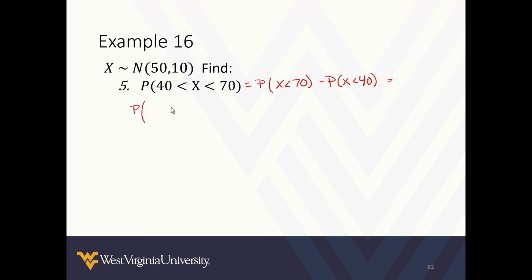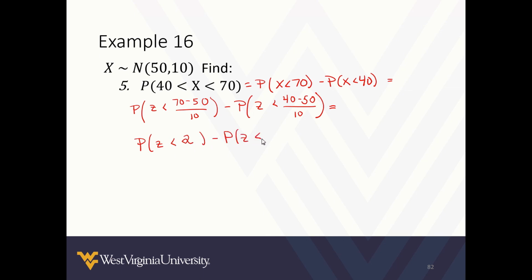So this will really become the probability of z being less than 70 minus 50 over 10 minus the probability of z being less than 40 minus 50 over 10, which is going to equal the probability of z being less than 2 minus the probability of z being less than -1.